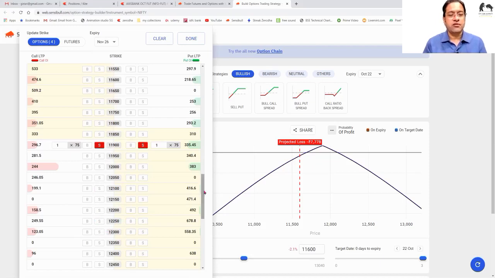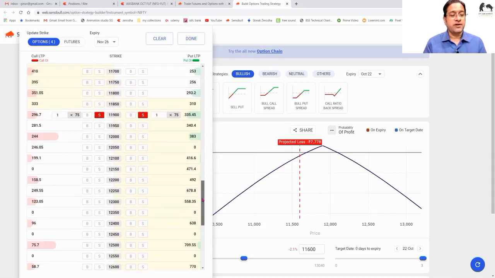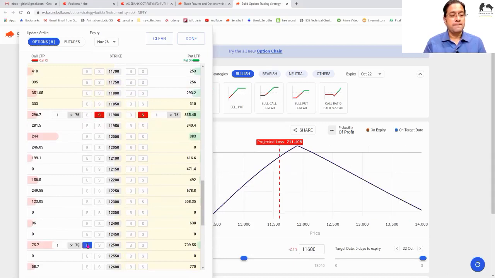Currently there is not much volume or trading in November because I chose November. I can go ahead and buy the 11,500 call. As you can see, I'll buy the 11,500 call. Right now it is illiquid.